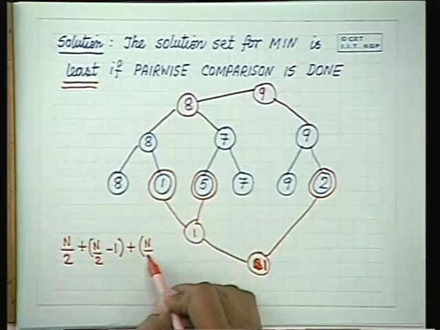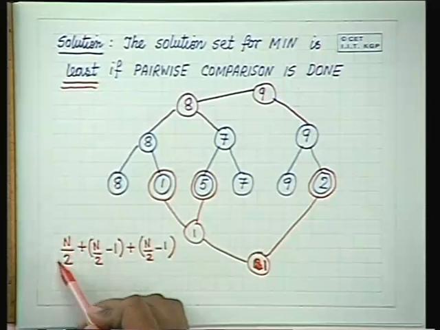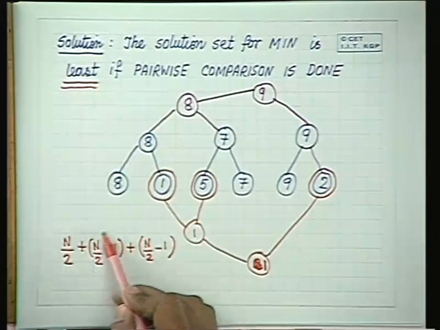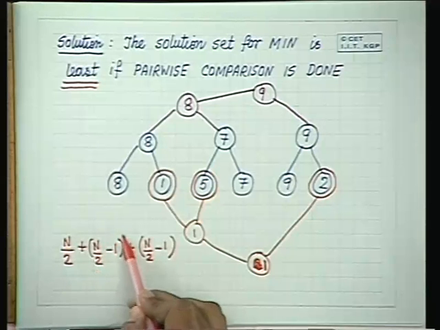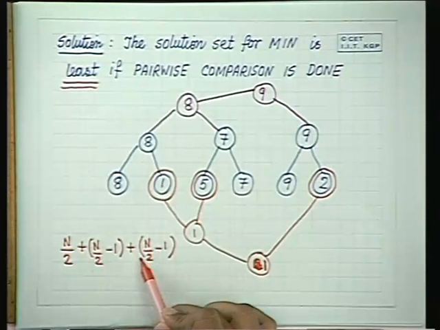The minimum of n by 2 numbers, again this. This is the first round pairwise comparison. This is the maximum among the winners, this is the minimum among the losers.